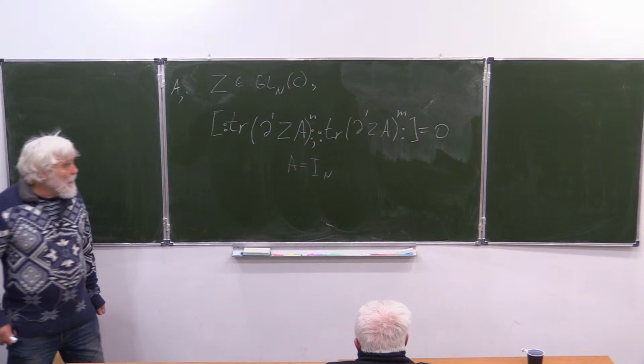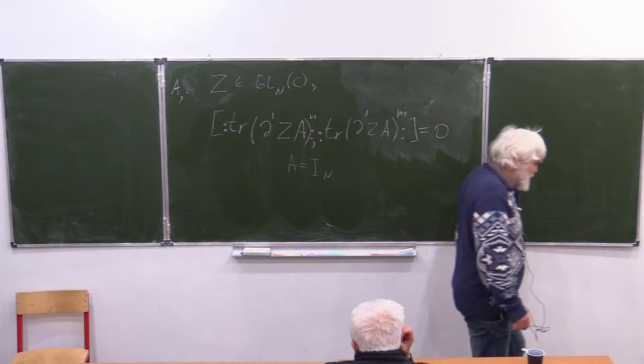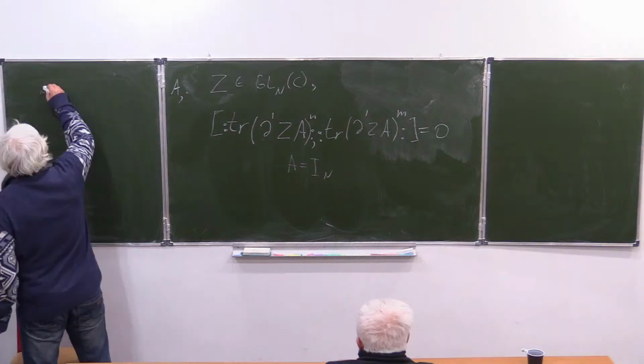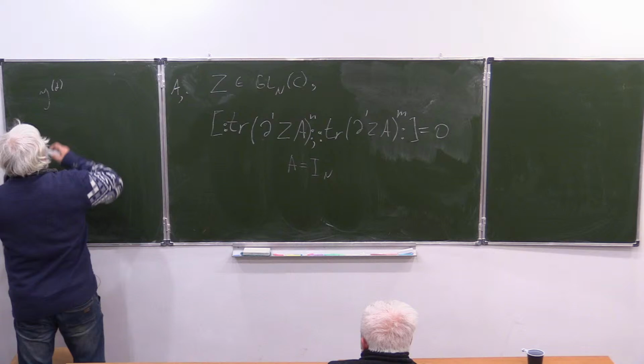People know that eigenfunctions of the quantum Calogero operator are Jack functions with parameter alpha. And when this parameter alpha is equal to 1, it is the Schur function. Should I explain what a Schur function is? Better to explain what the quantum Calogero model is.